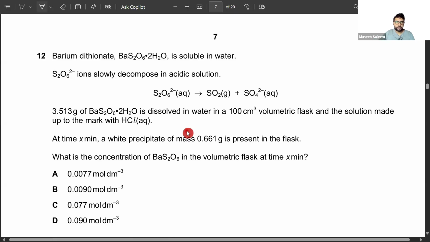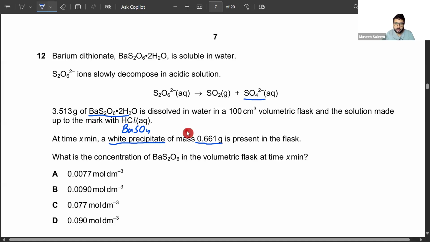So first of all, we should understand the concept here. The concept says that this barium dithionate dissociated in the water because it is soluble, and within that, the S2O6 2 minus also dissociated. At the end, we have the white precipitate formed of this mass. Basically, this mass belongs to barium sulfate, because the white precipitate is barium sulfate. And how was it produced?